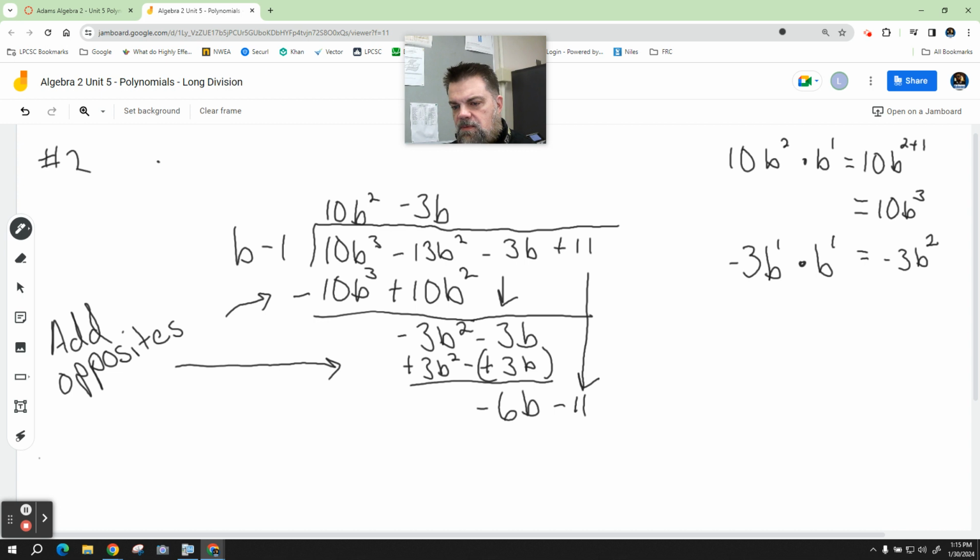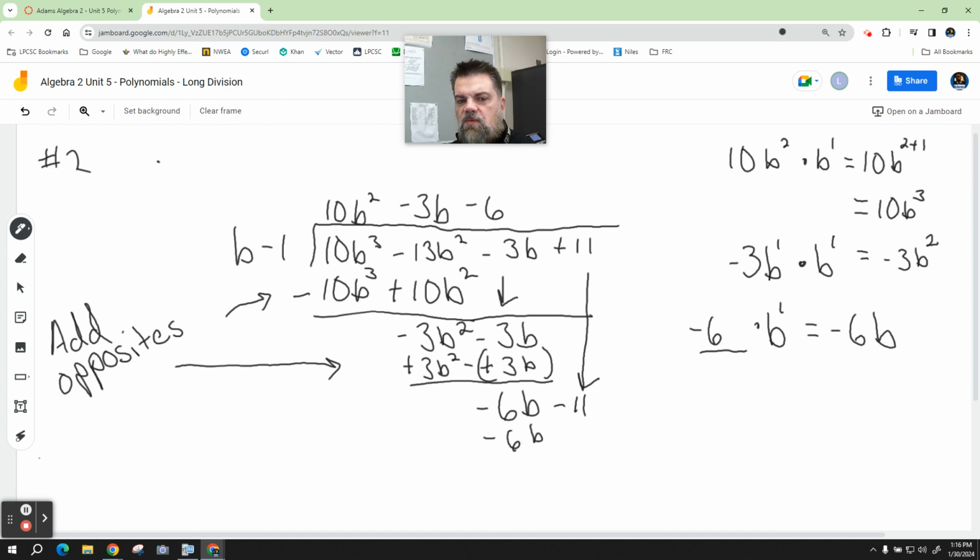Again, I need to think to myself, what do I multiply b to the first power by to get negative 6b? Well, how about just negative 6? So I'm going to put my negative 6 up here, multiply it by this.